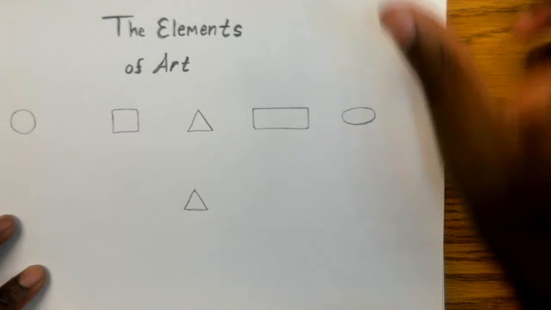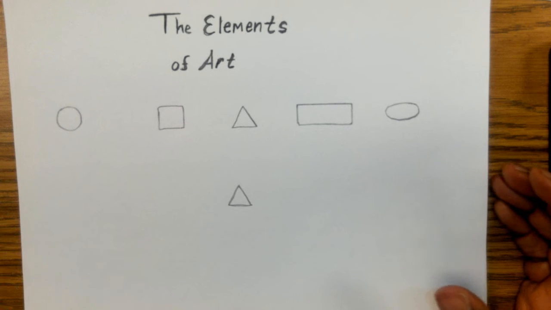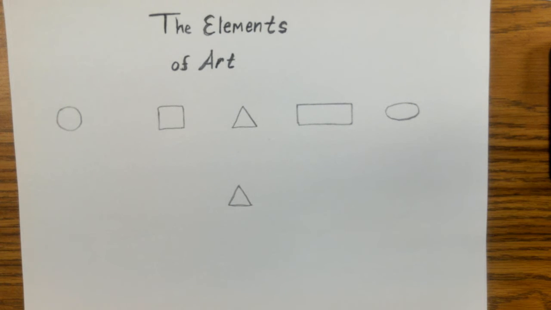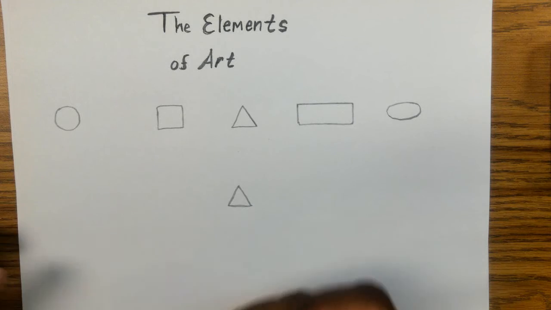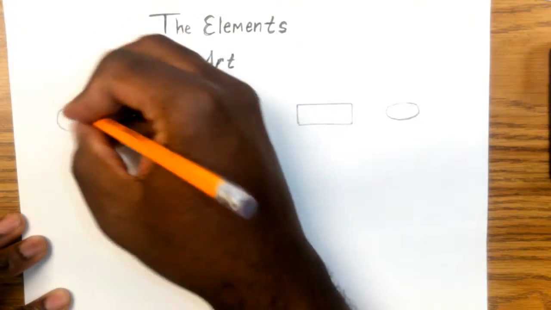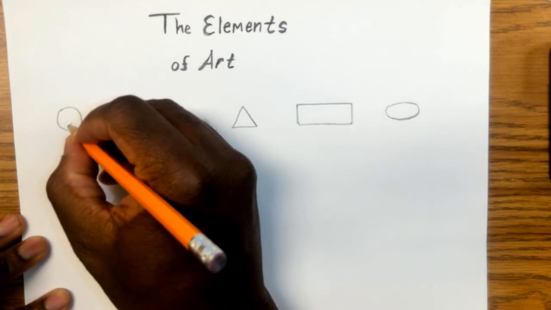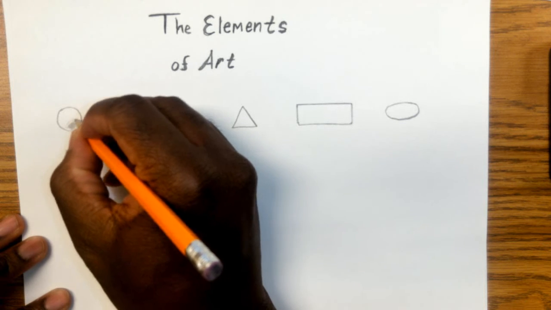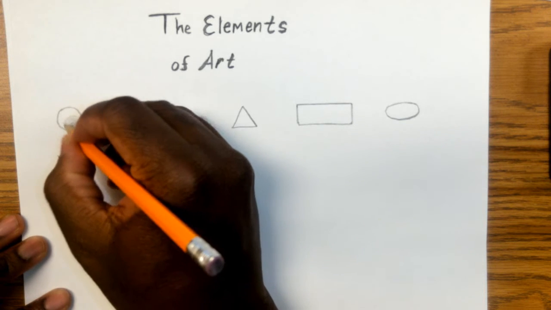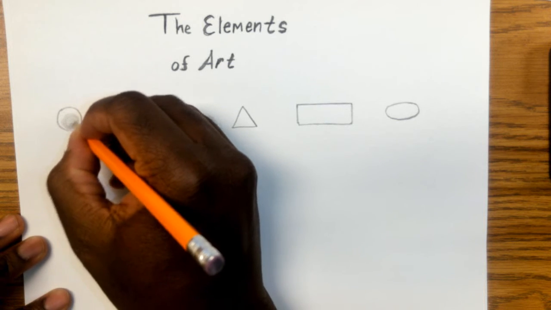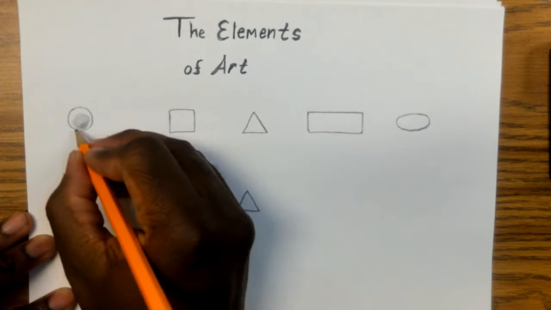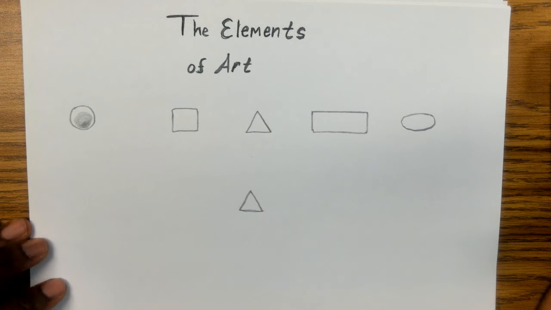Now, with that in mind, here are our shapes once again. And the easiest way to turn a shape into a form, actually there are 2 ways. The first way is this here with a shadow.